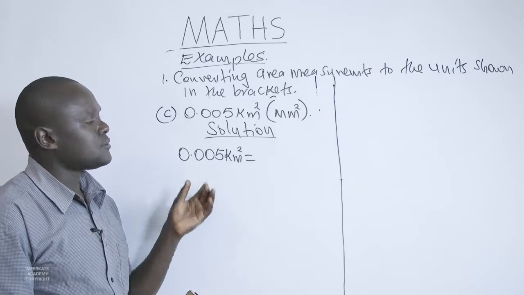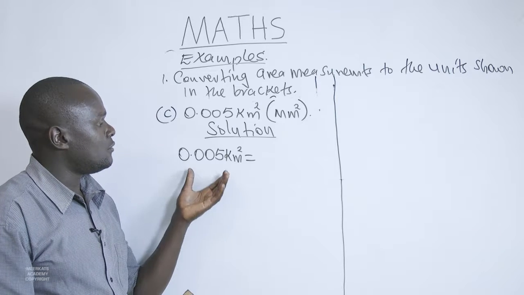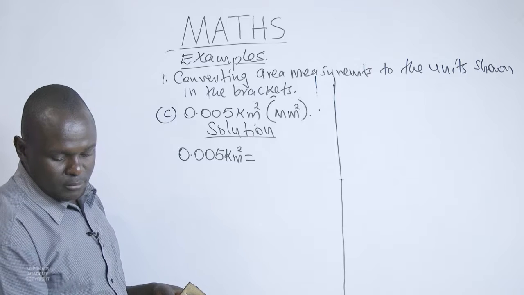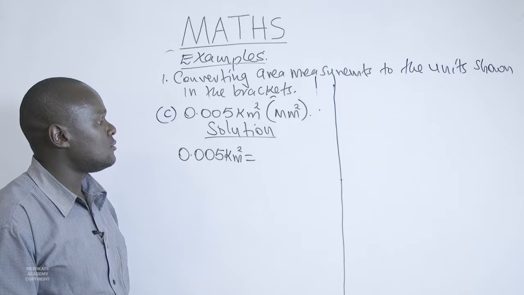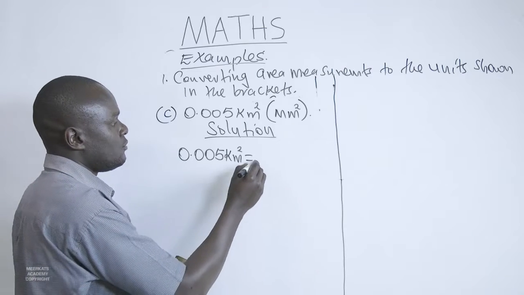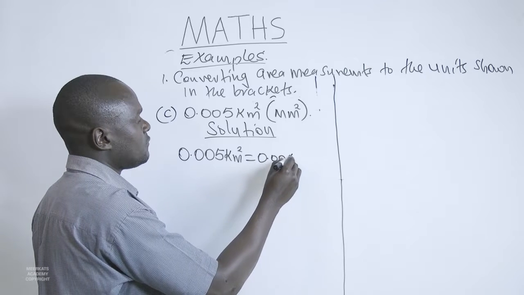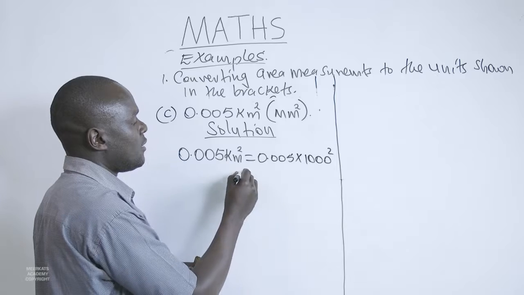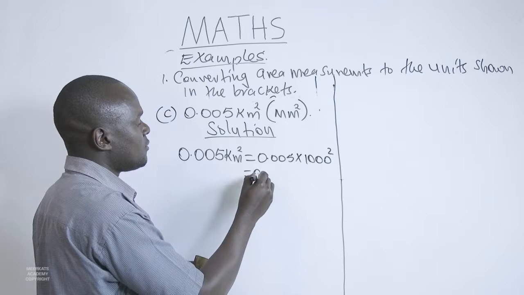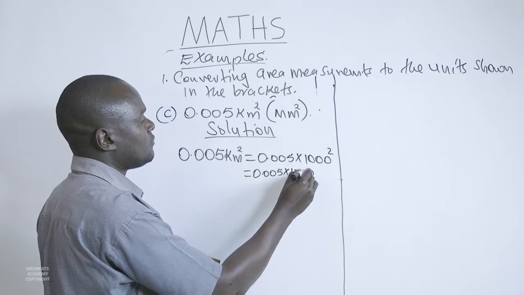To convert this to square meters, it will involve multiplication by 1,000,000 or 1,000 squared. This will be 0.005 multiplied by 1,000 squared, and this will give us 0.005 multiplied by 1,000,000.